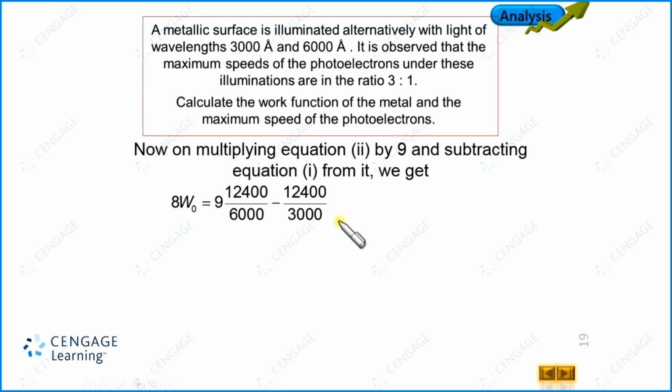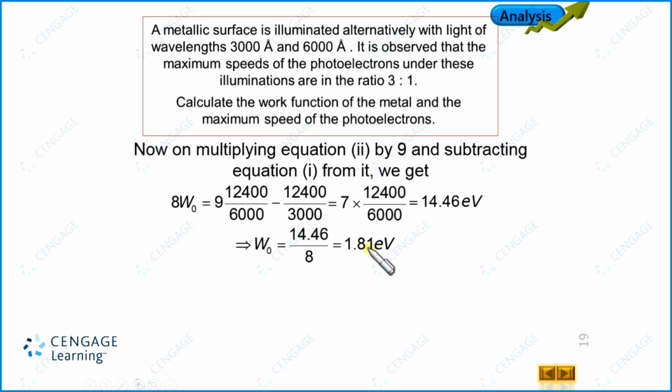Right, on calculating, this value will be in electron volt. So on calculating, we will get 14.46 electron volt, right? So W naught will be equal to this divided by 8, that is equal to 1.81 electron volt. We got the work function.